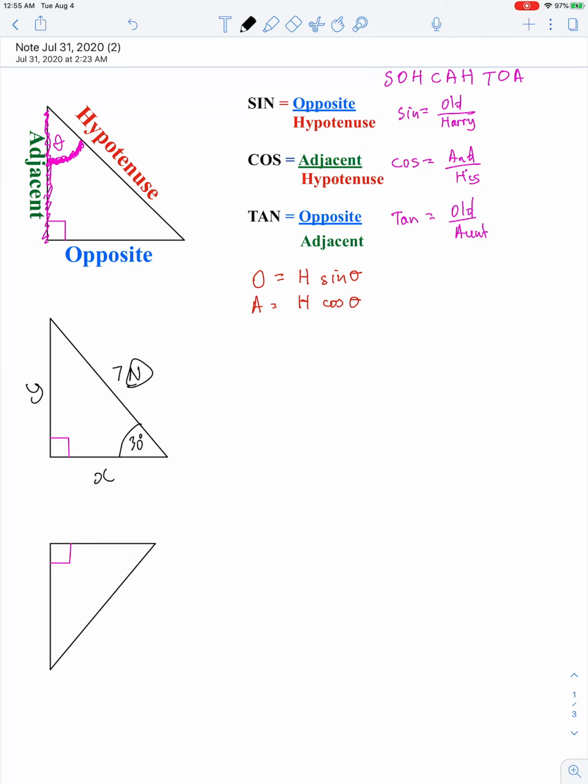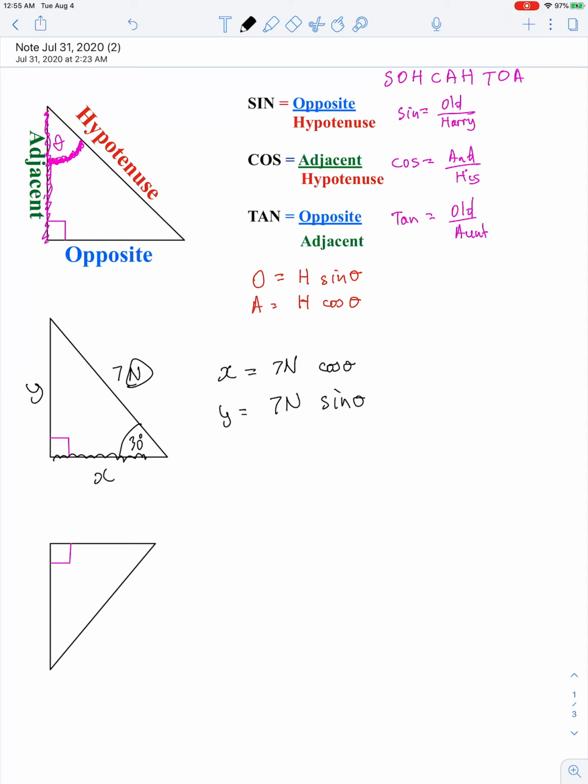So here we go. First of all, I want to check which side is touching the angle that I'm using. I look and I can see X is touching the angle. So X is my adjacent, and I just look at my little formula up there. That gives me 7 newtons cosine of theta. And then Y is just 7 newtons sine of theta. Why is it the sine?